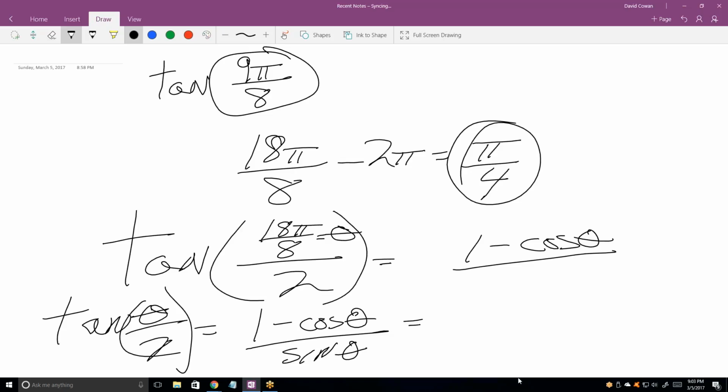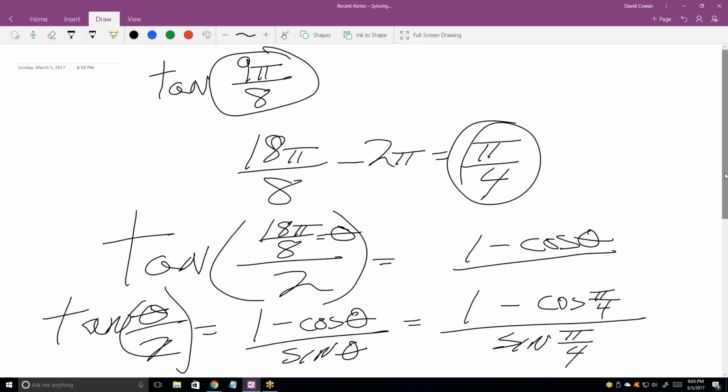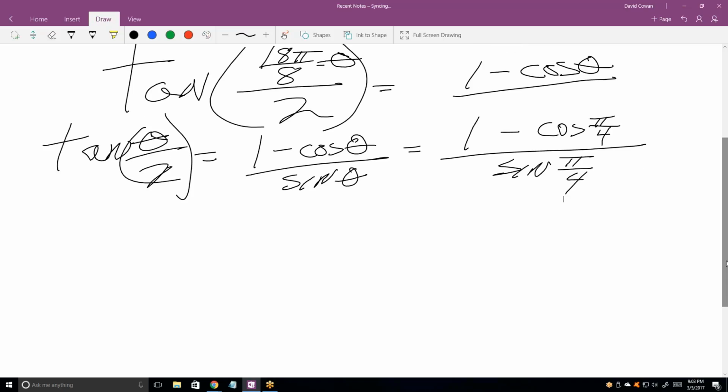So now it's 1 minus the cosine of pi over 4, all divided by the sine of pi over 4. Which is what? Fill in everything.